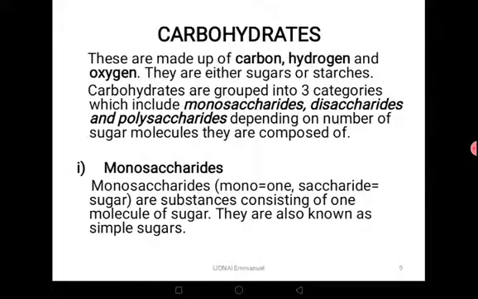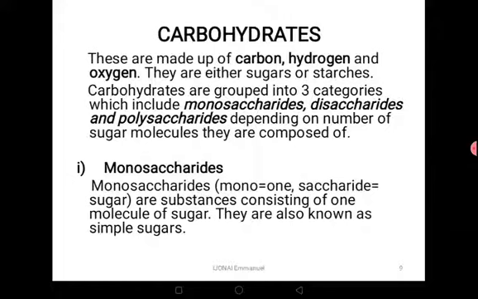And this grouping is dependent on the number of sugar molecules that make up these carbohydrates. If there is 1 sugar molecule, we call them monosaccharide. If there are 2 sugar molecules, they are called disaccharides. If there are many, they are called polysaccharides.